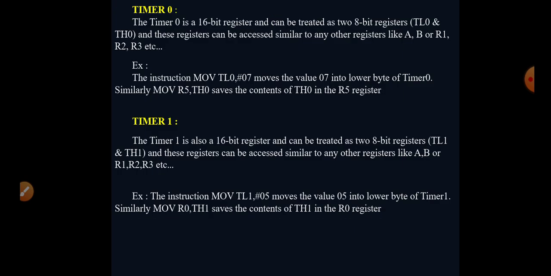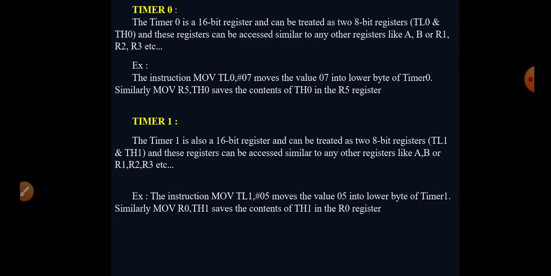Coming to timer 0. Timer 0 is a 16-bit register and can be treated as two 8-bit registers, TL0 and TH0. These registers can be accessed similar to any other registers like register A or B or R1, R2, R3, R4, R5. If you want to load an immediate value, you can use instructions like MOV TL0, #07.